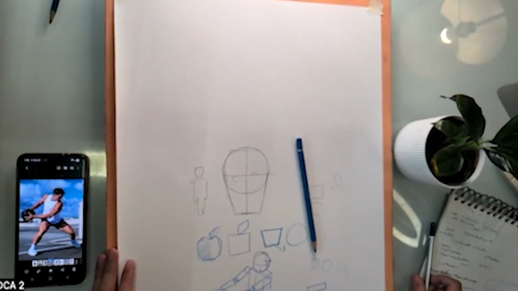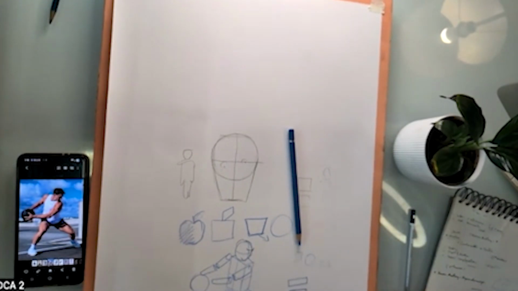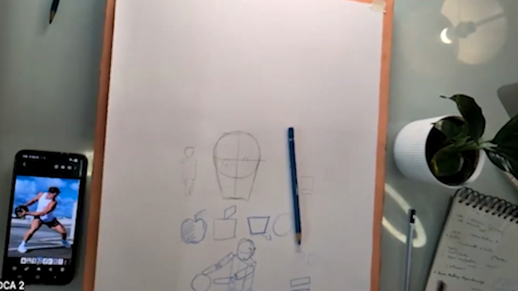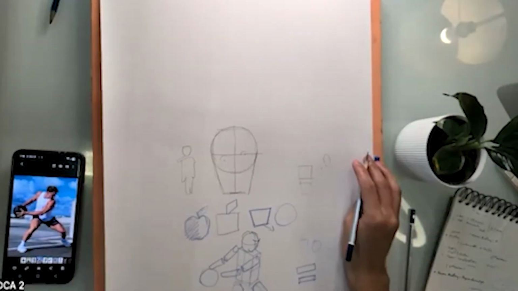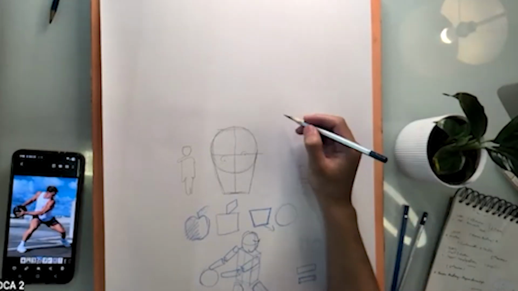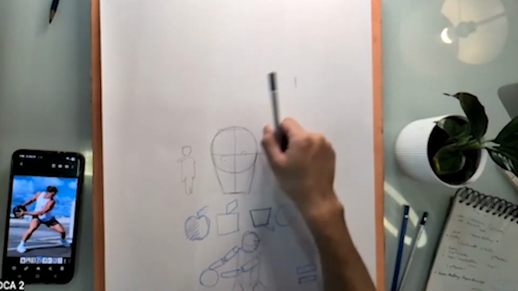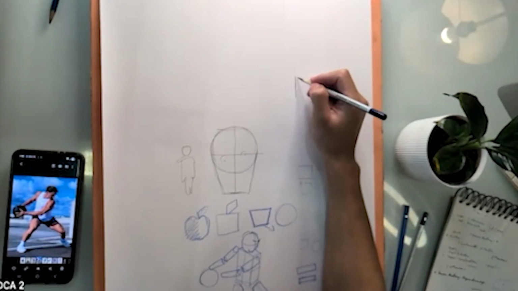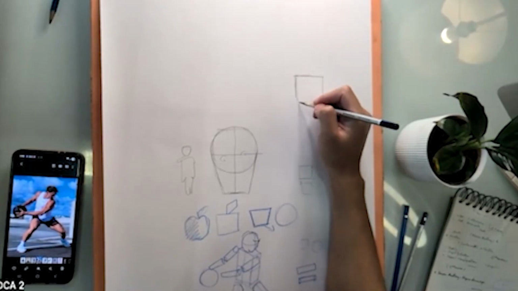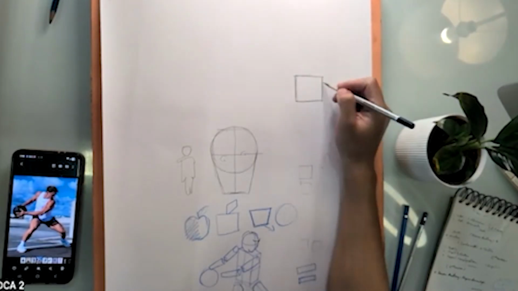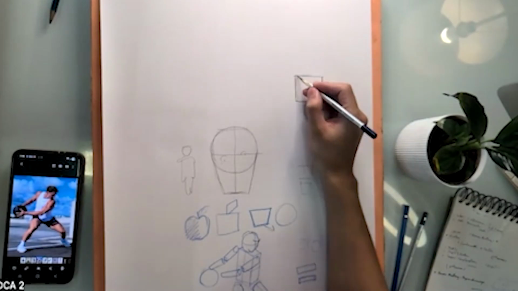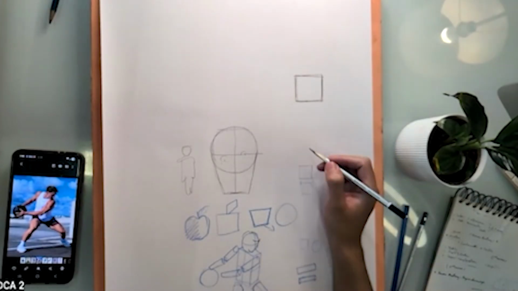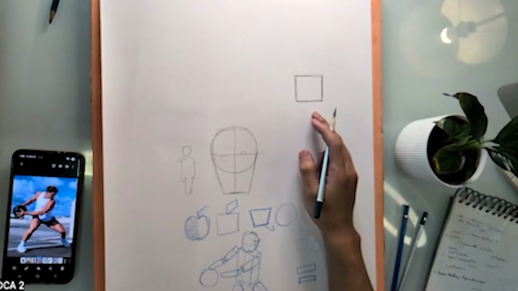So here, for example, I have a square object right here. Now this square could be anything, right?